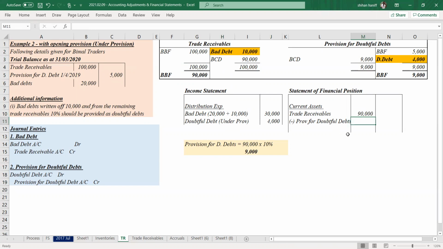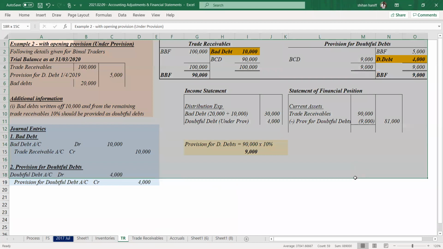And the trade receivables 90,000, doubtful debt 9,000. Bad debt is 10,000. Doubtful debt is 4,000, expense. There is an under provision. First take this one, the example we did without opening provision. Now the second adjustment we did is under provision.